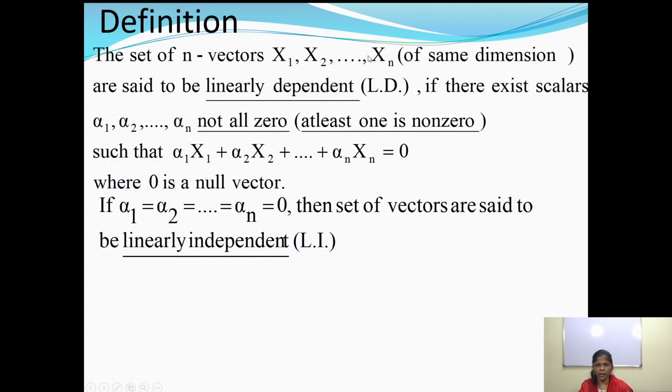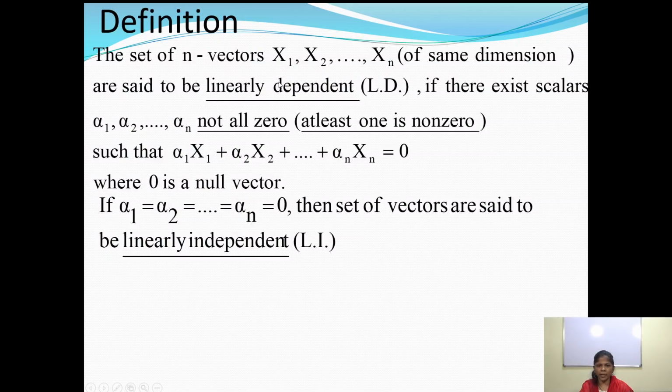Note that if we have n vectors, then the scalars are also the same in number. Not all zero, meaning at least one is non-zero, such that alpha 1 x1 plus alpha 2 x2 plus up to alpha n xn is equal to 0, where 0 is a null vector. This equation is called a linear combination.